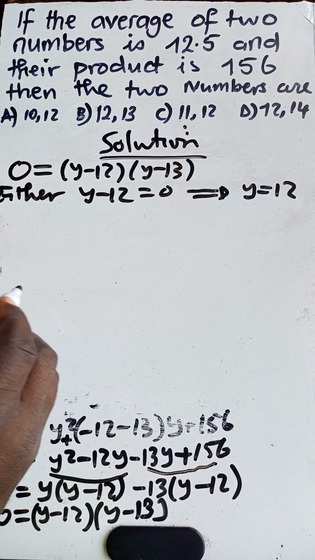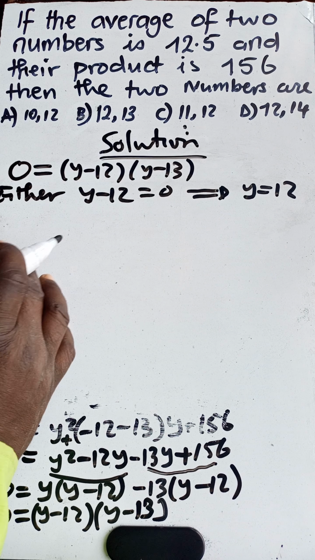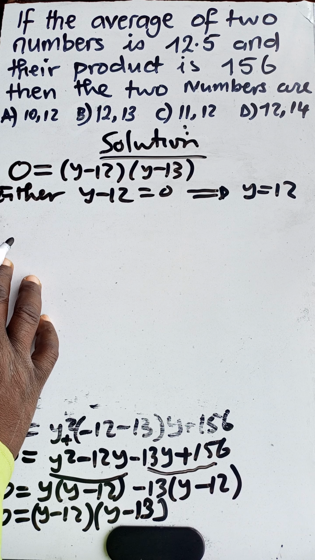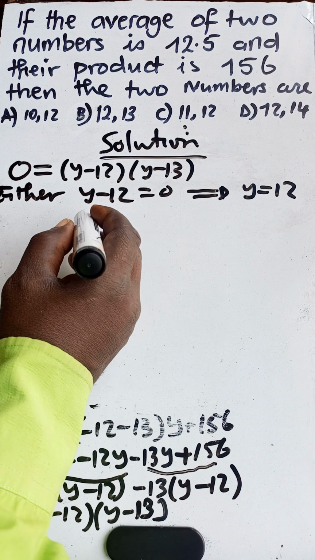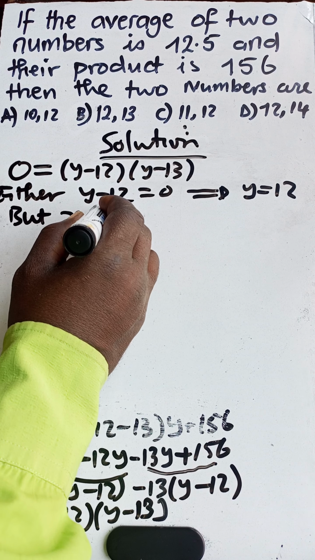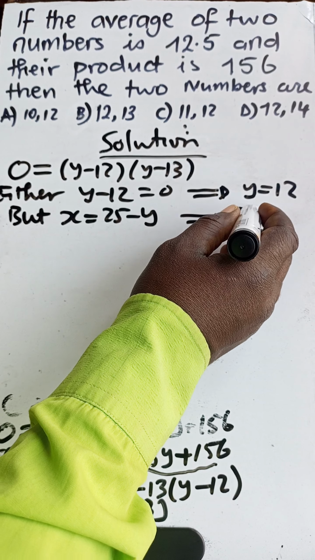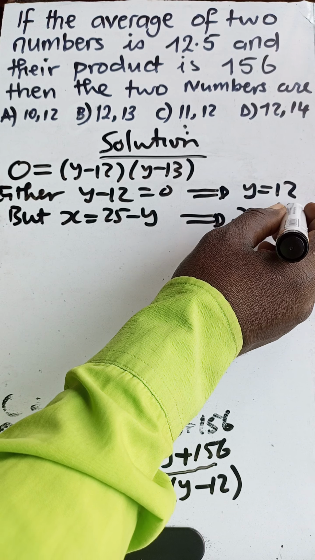If y has the value 12, what is the value of x? Remember the expression star that we had earlier on: x is equal to 25 minus y. So our x will be 25 minus 12, which is 13.